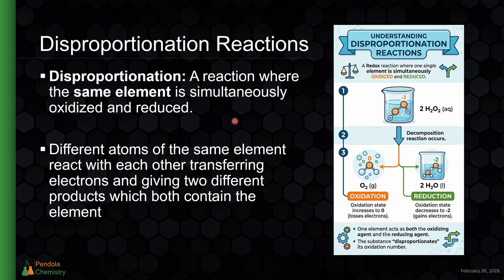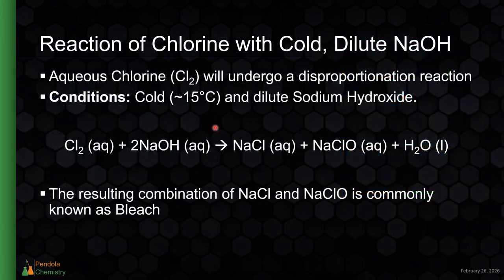Now, there are actually three main reactions of the halides, specifically chlorine, that we're going to study that are disproportionation reactions. The first is the reaction of chlorine, Cl2, with cold dilute sodium hydroxide. Aqueous chlorine will undergo this disproportionation reaction, and we have to pay very close attention to the conditions.